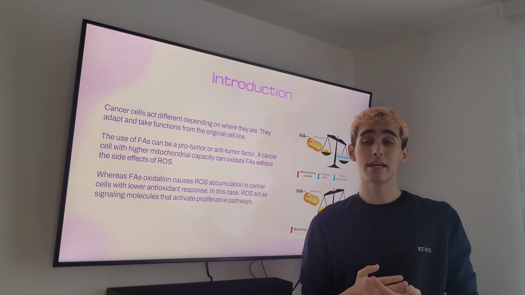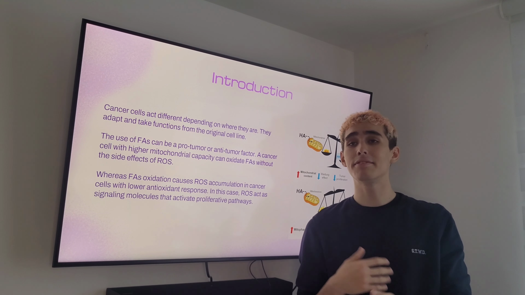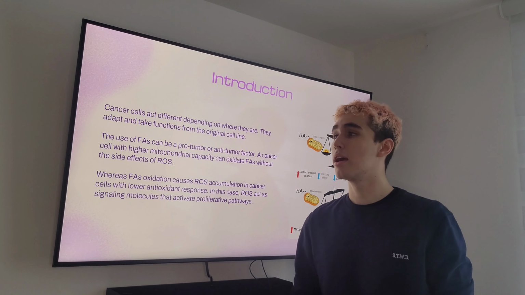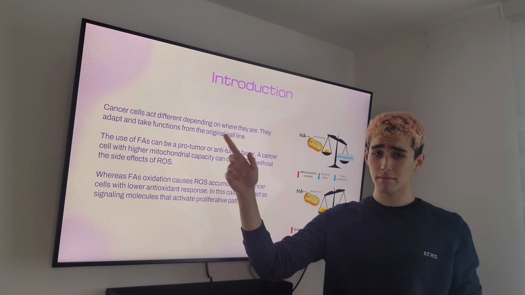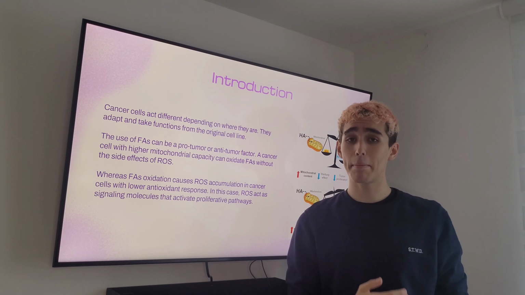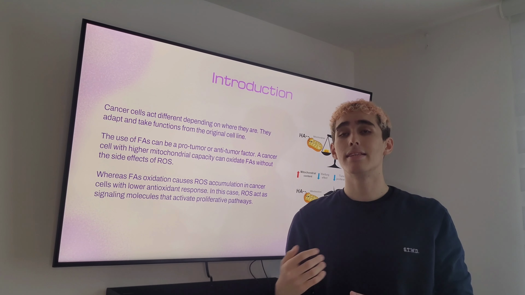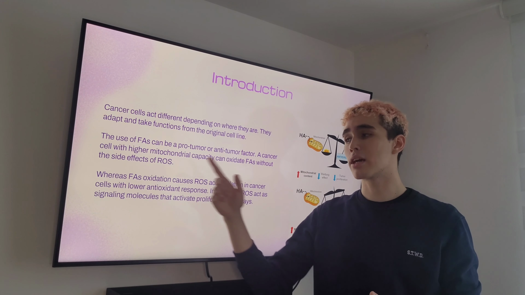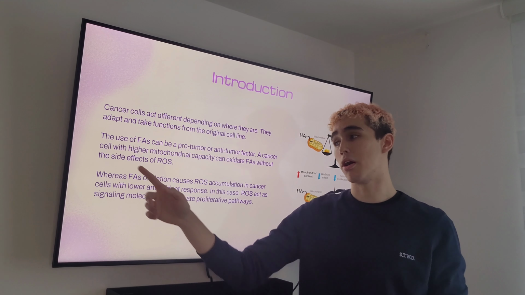The cancer cells act in a different way depending on where they are or where they come from. A cancer cell with a high mitochondrial capacity can oxidize the fatty acid in a better way without suffering the consequences or side effects of the rust.